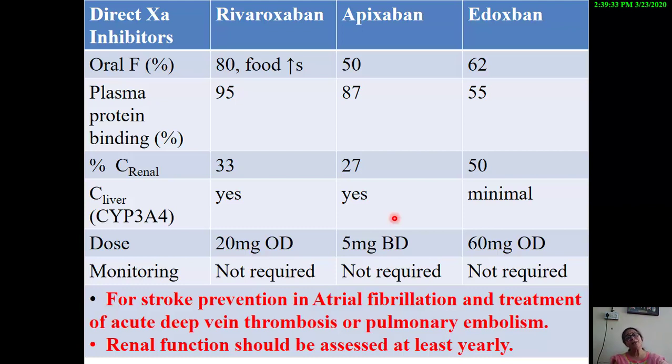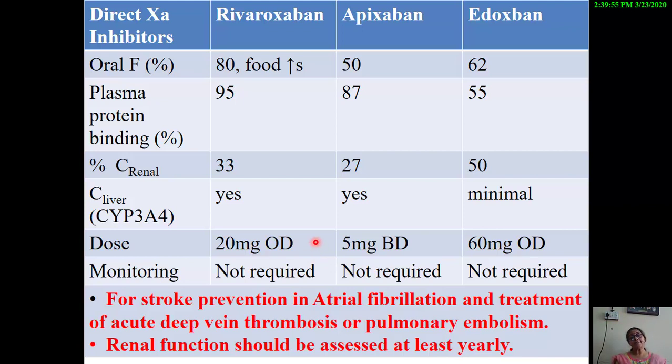Since the anticoagulant effects of these compounds are much more uniform and consistent as compared to compounds like unfractionated heparin, monitoring is generally not required with the use of rivaroxaban, apixaban, or edoxaban. Okay.